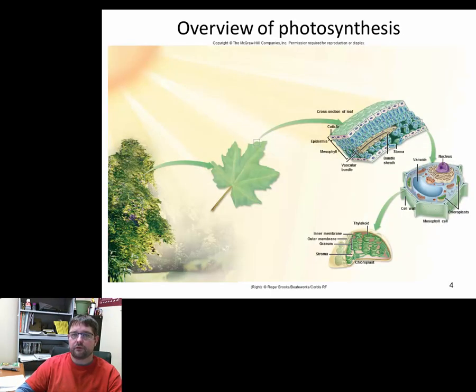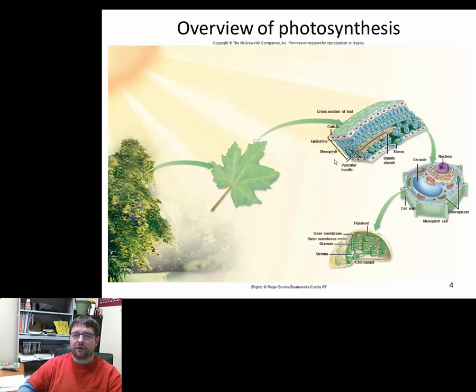So again, overview: photons are coming from the sun. They are captured by chlorophyll molecules inside the plant leaf. We'll probably talk about some of the plant adaptations, like the cuticle layer, the mesophyll, and the epidermis, but that will be much further along in the lectures.